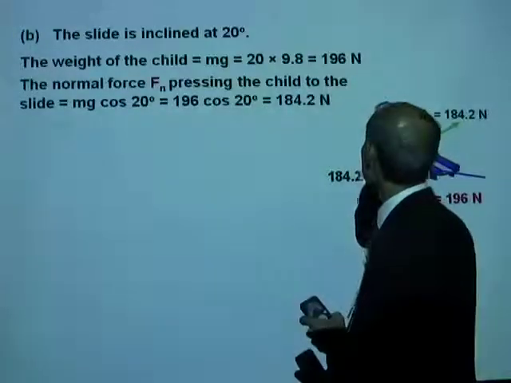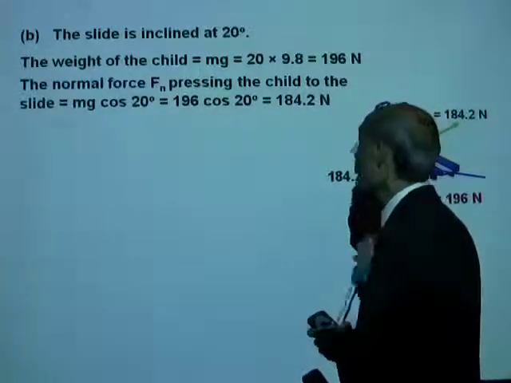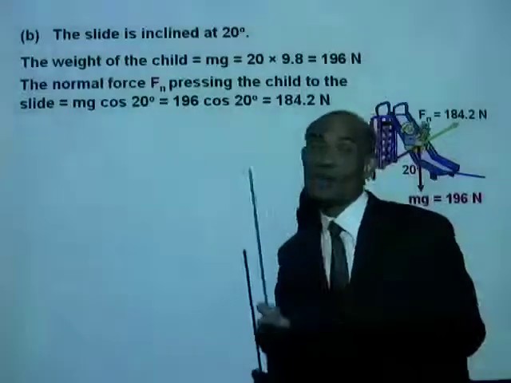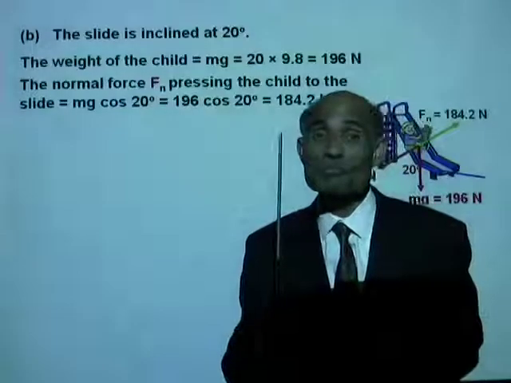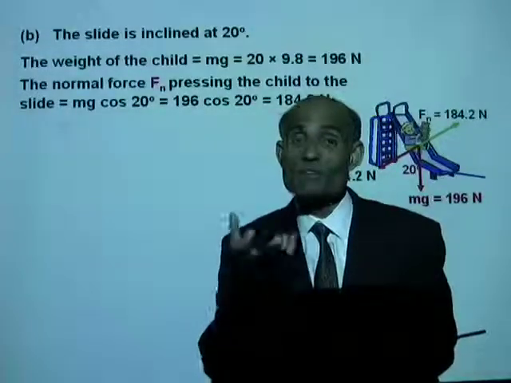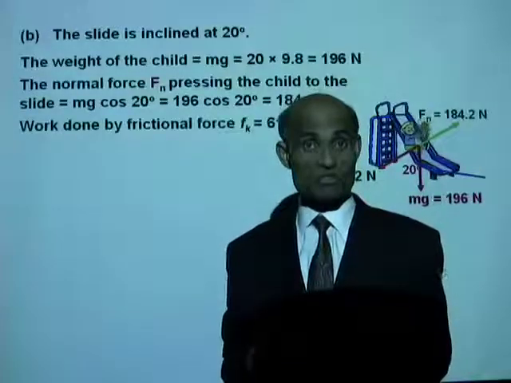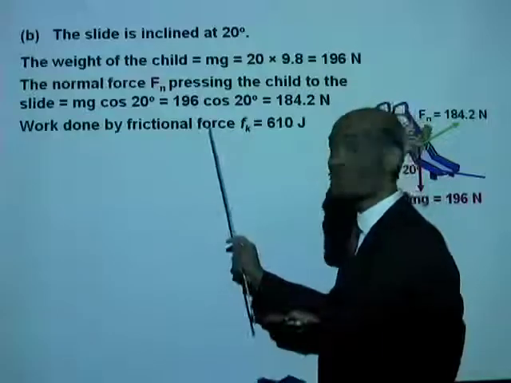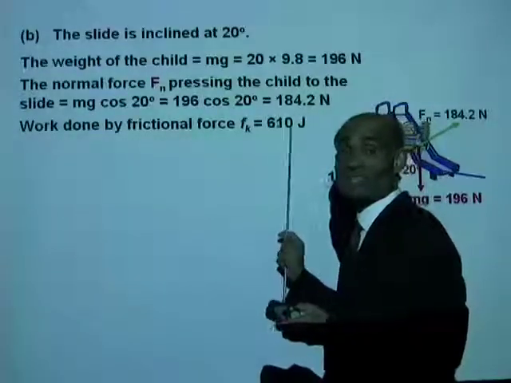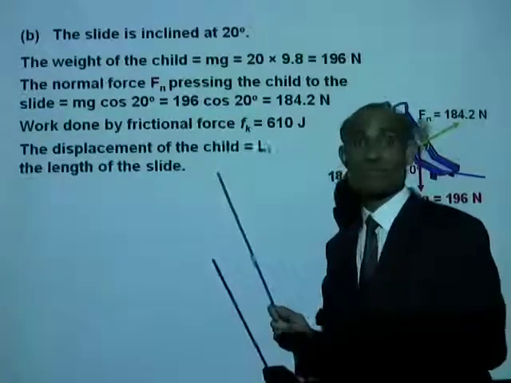We now need the frictional force. Now, we have one thing under our belt. We know the total work done by the frictional force. Is that right? How much is the work done by the frictional force? We calculated that it is 610 joules.